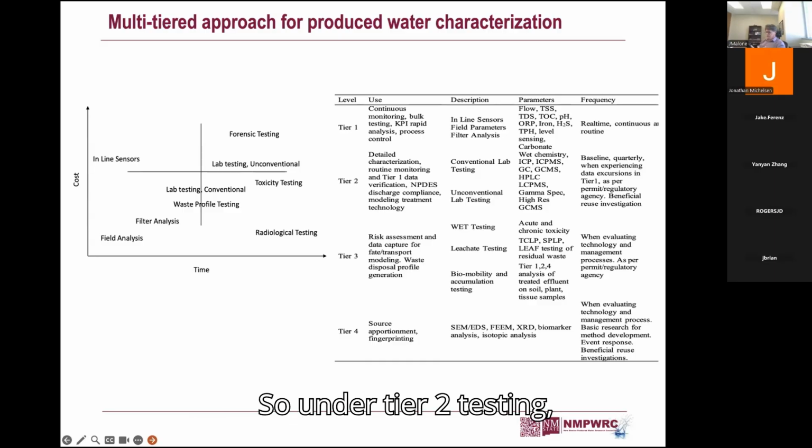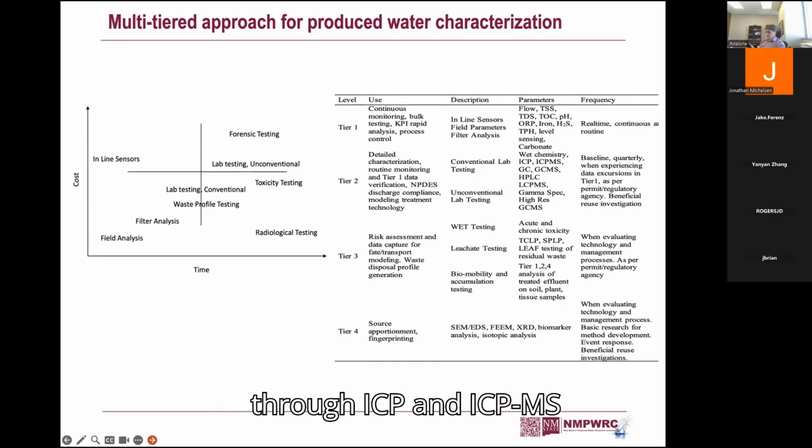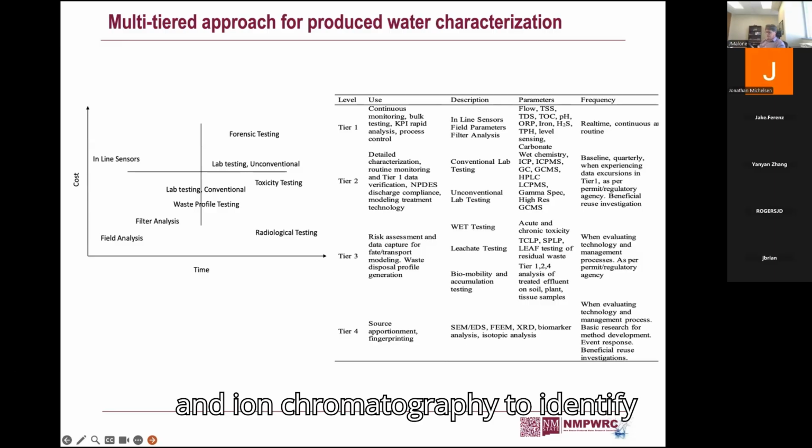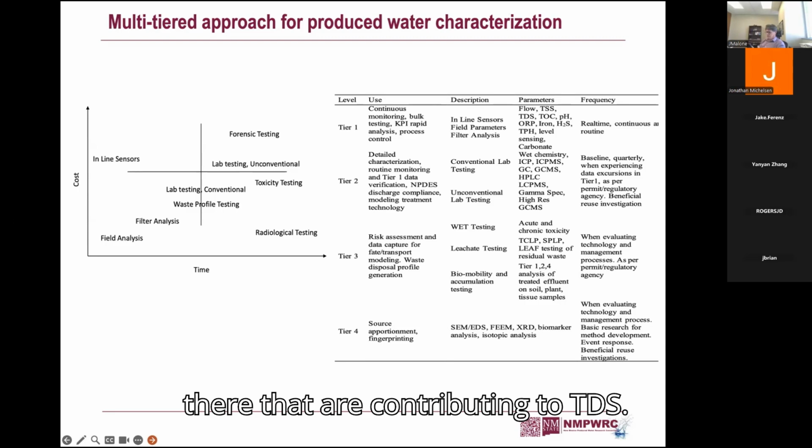So under tier two testing, that TDS, we would then speciate through ICP and ICP-MS and ion chromatography to identify all of the inorganic things that are there that are contributing to TDS.